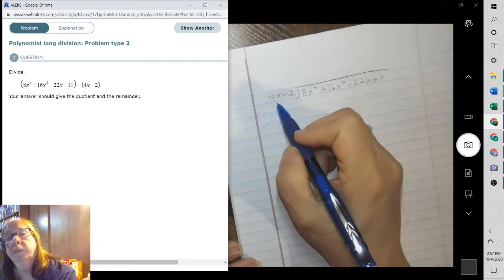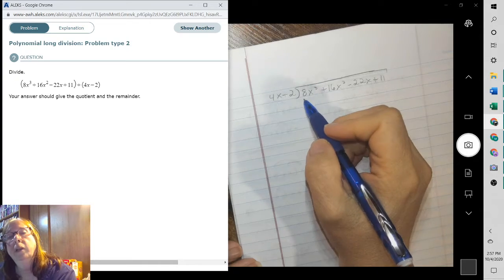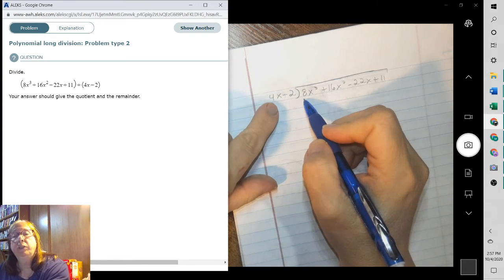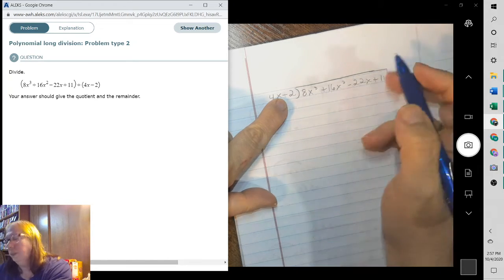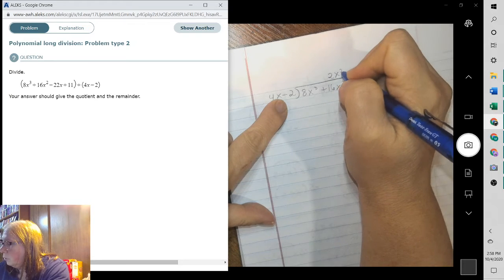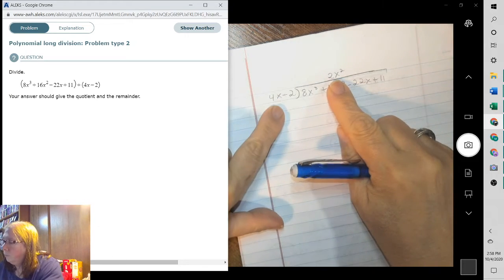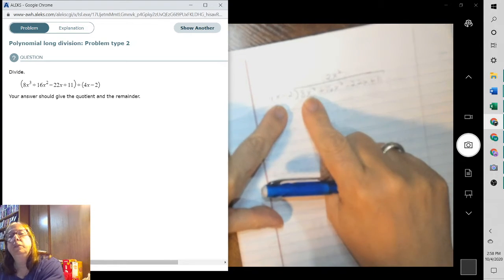So first look at the front number. What do I need to multiply 4x by to get 8x cubed? Well, to get the 8, I multiply by 2. I only have 1x, so I need 2 more. So I need to multiply by 2x squared. If I multiply 4 times 2, I get the 8. x times x squared gives me x cubed.